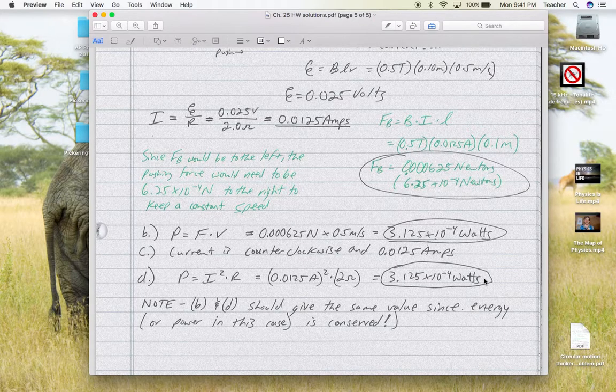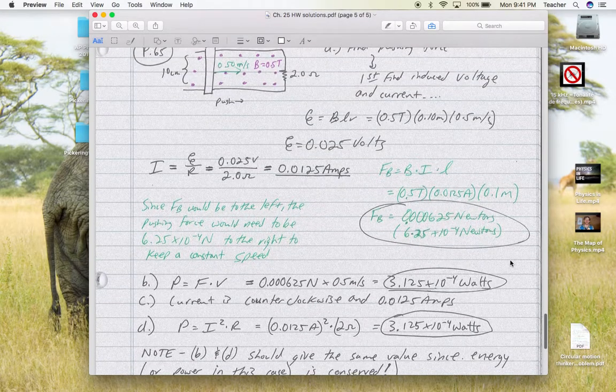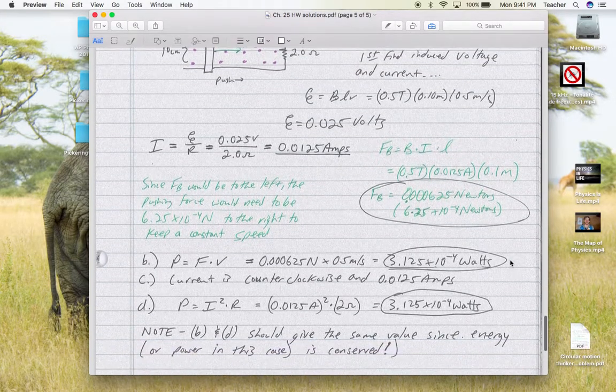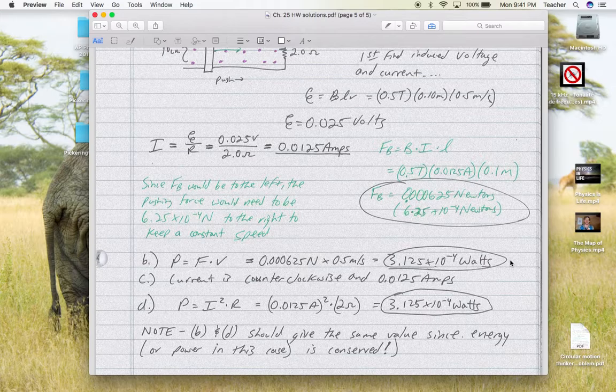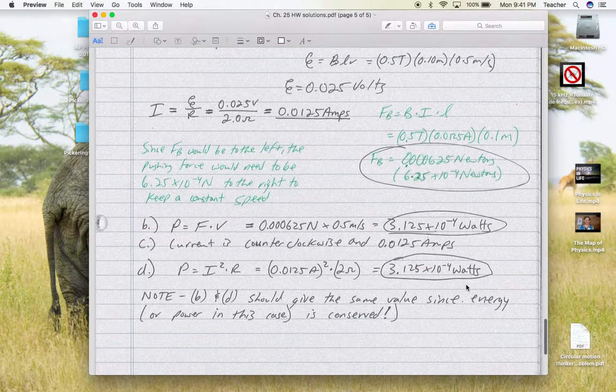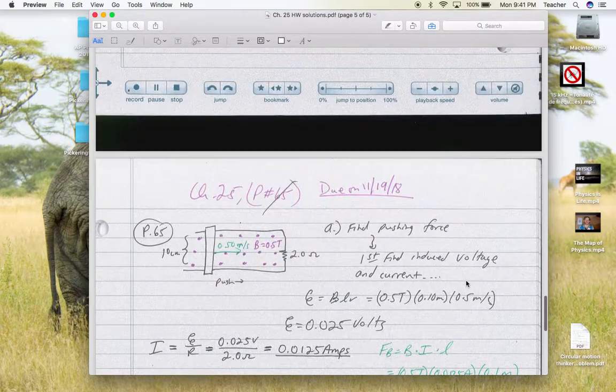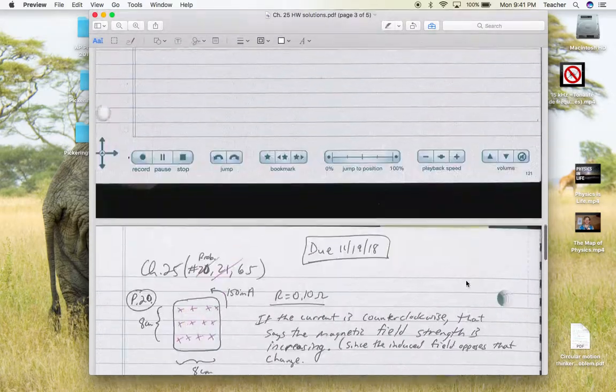These should be the same because the power given by the force causing that wire to move should be equal to the power that's dissipated in the circuit. So the mechanical work done per time is equal to the electrical work done per time. Hopefully those make sense. Hopefully you got at least a decent chunk of them correct.